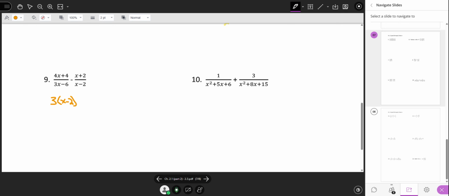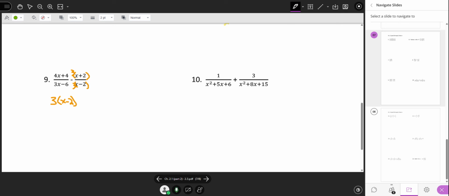Now, I could factor the top, but I don't want to just yet. Now, that means I need to multiply this one by 3. Well, that sucks.